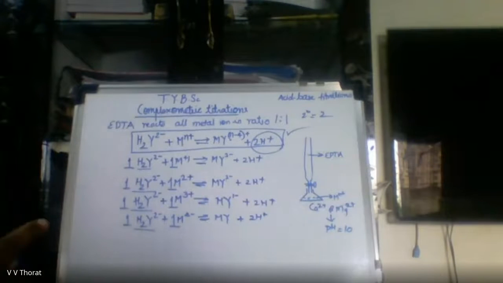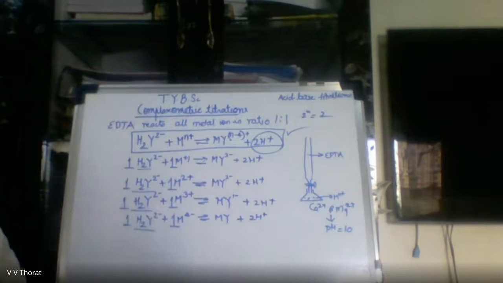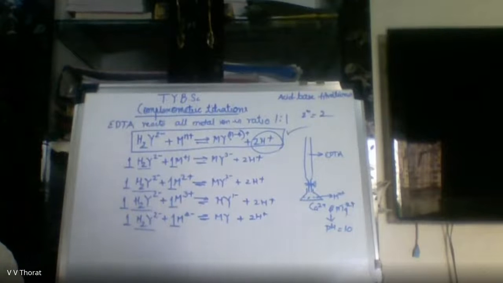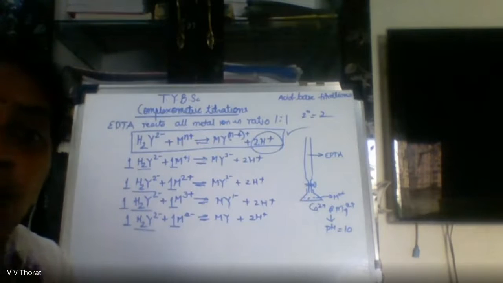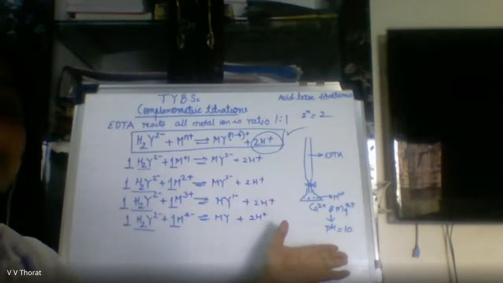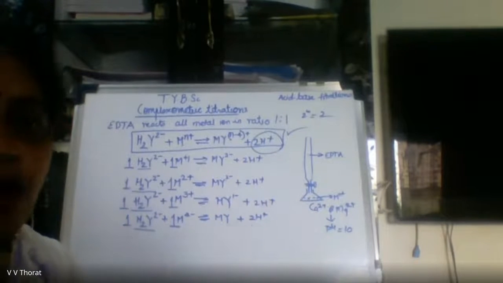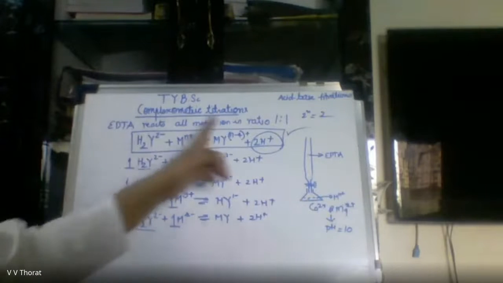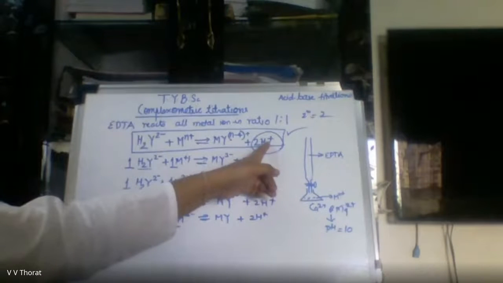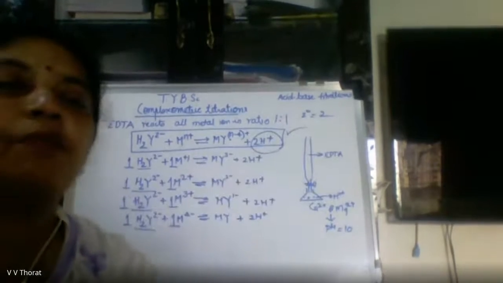So the complexation reactions are pH dependent. That is why I told you that talcum powder you have to evaporate to dryness to remove all HCl. If a little HCl remains, the pH will not be 10 and you will not get the correct endpoint. So I repeat, since H plus ions are liberated in the titration, these titrations are pH dependent. Is it clear?